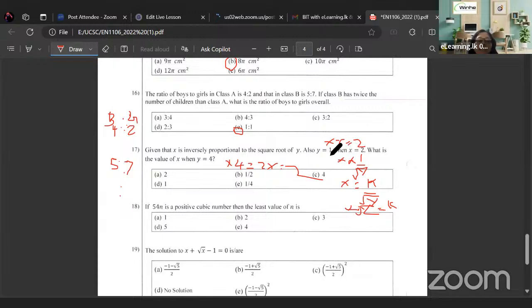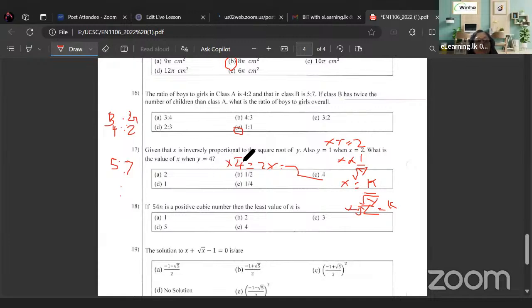Why is that? Because y is equal to 1. The square root of 1 is equal to 1 and 1 into 2 is 2. The k is equivalent to 2. If two quantities are inversely proportional, then the multiplication of those two is equivalent to a constant.